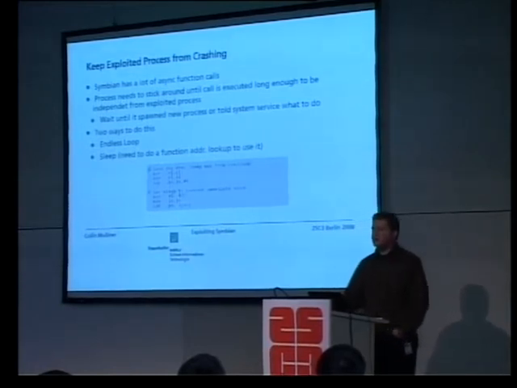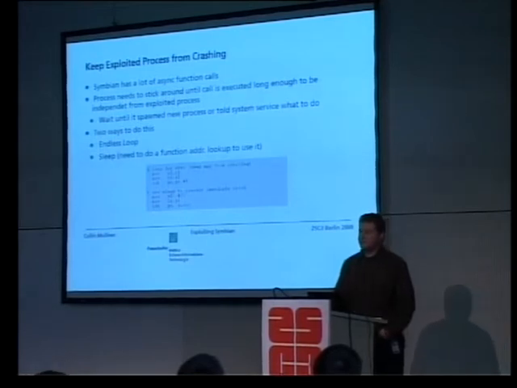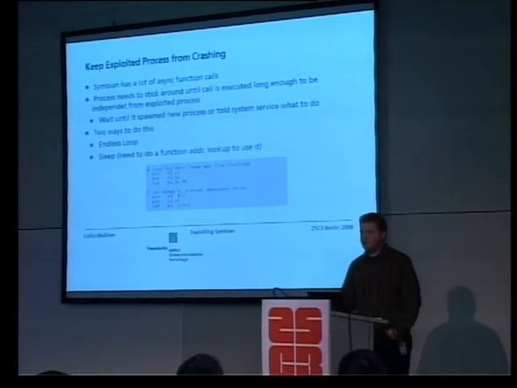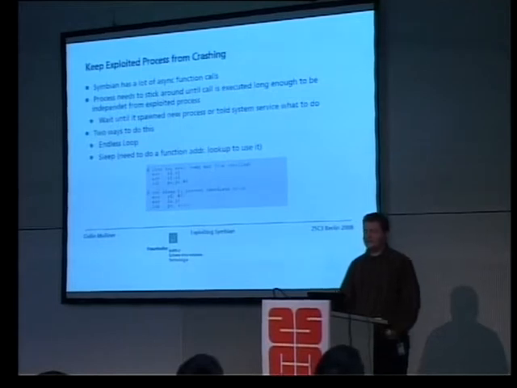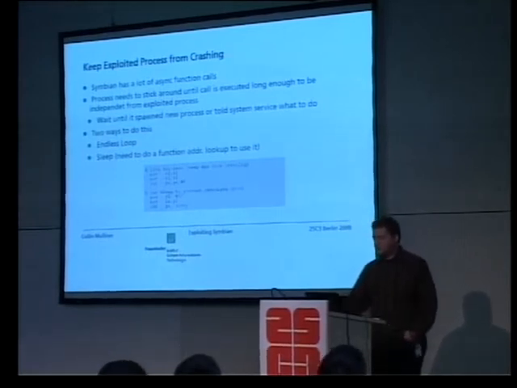So if you start a phone call, and your exploit crashes right after that, the phone call will not proceed, because if the initiating process dies before the process has started, or has already finished, then it will not work. So there are two simple ideas.